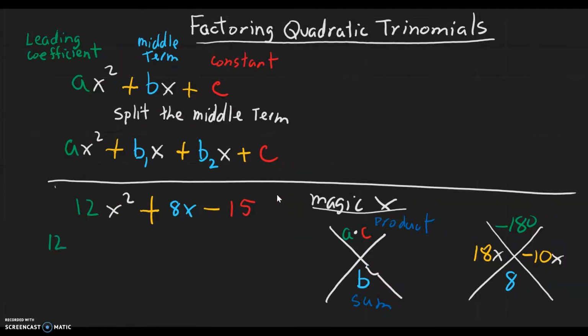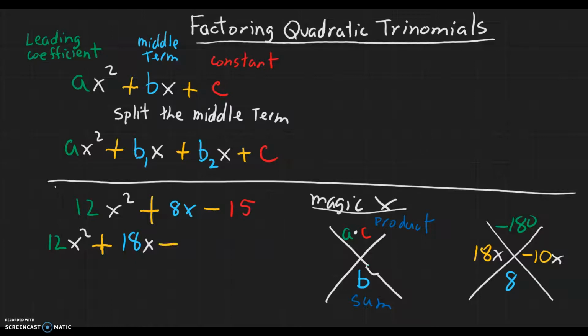12x squared plus, okay, so instead of 8x, I'm going to put 18x, and then minus 10x.